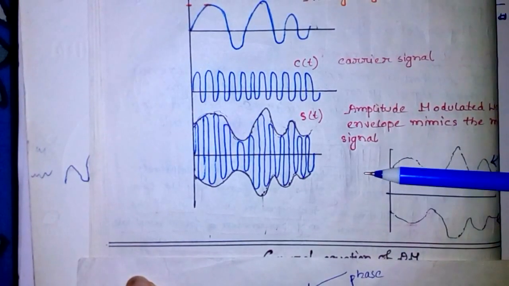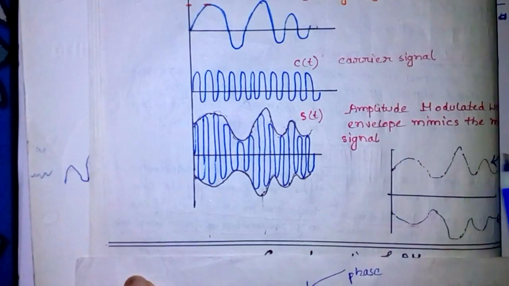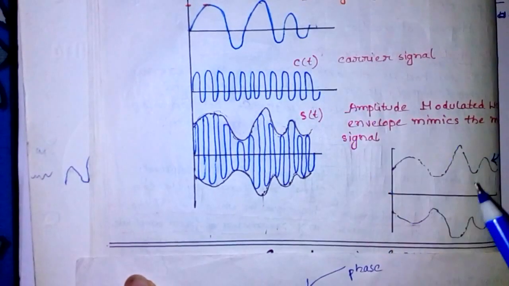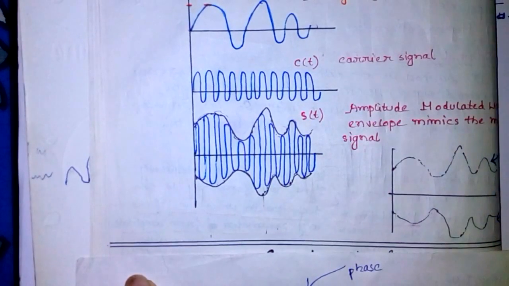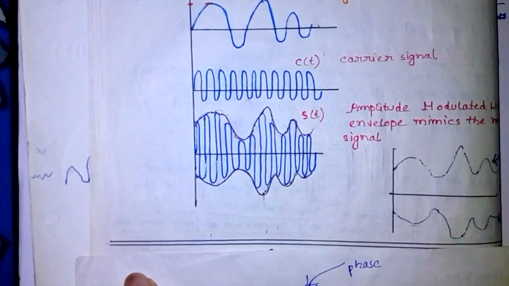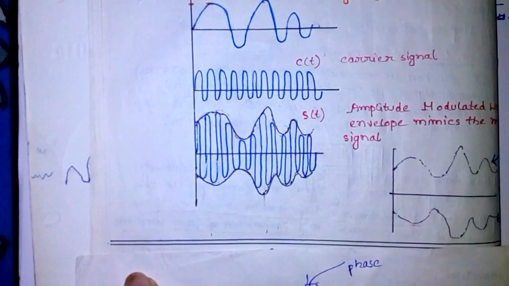So if somehow we are able to detect any one of these envelopes, we can get back the original message signal from this modulated wave. This is not in the scope of this video. I will be discussing demodulation in other videos. Let's try to focus on amplitude modulation.